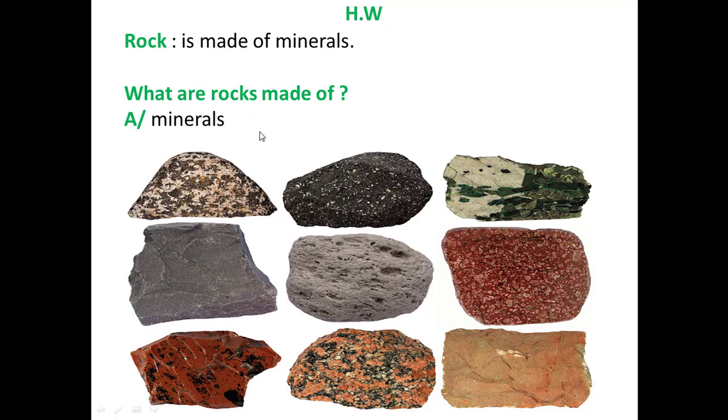You have to say minerals. What are rocks made of? Minerals. Look, we have different types, shapes, and colors of rock. Some of them contain one type of mineral, and some of them contain more than one, maybe 2 or 3 or 5, more than 2 minerals.